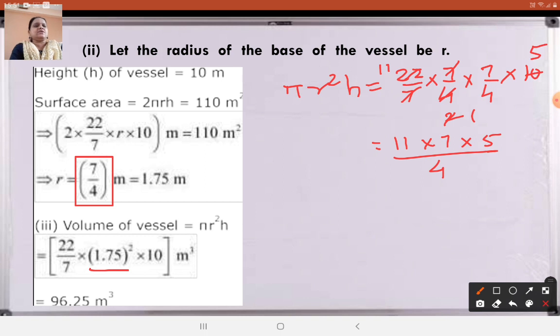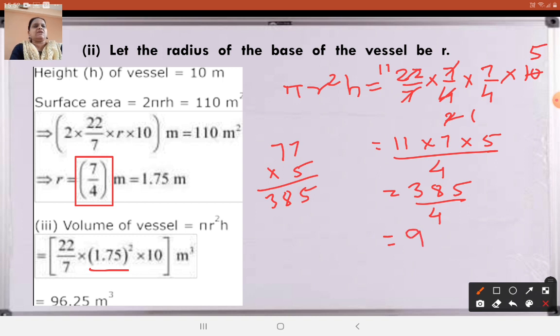Just calculate over here. So it will be 11 7s are 77. Multiply by 5. 7 5s are 35, carry 3. 7 5s are 35 plus 3, 38. So 385 by 4. Correct? So now divide it. 4 9s are 36, remain 2.